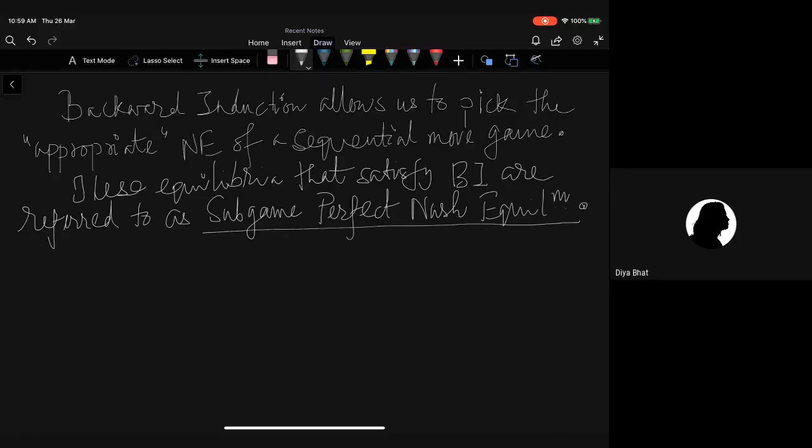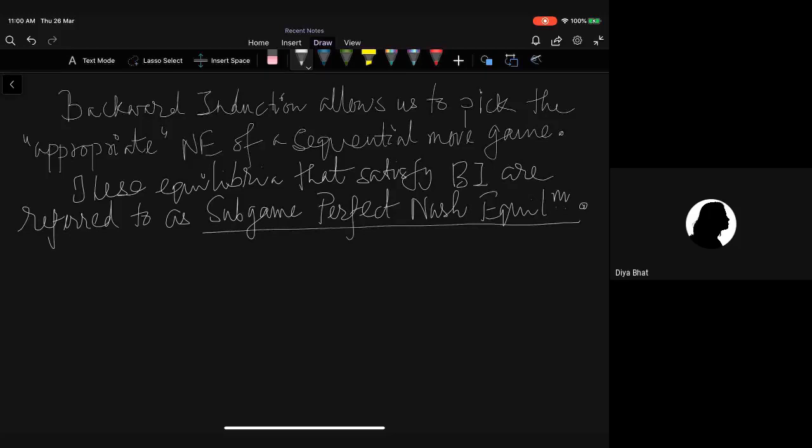The definition of subgame perfect Nash equilibrium is a bit broader. It accommodates games where you cannot apply backward induction. I'll cover those cases later, and I'll give you the proper definition of SPNE in that case. But for now, let's focus on cases where you can apply backward induction. In those extensive form games, the Nash equilibria that you get by applying backward induction we will refer to as the subgame perfect Nash equilibrium.